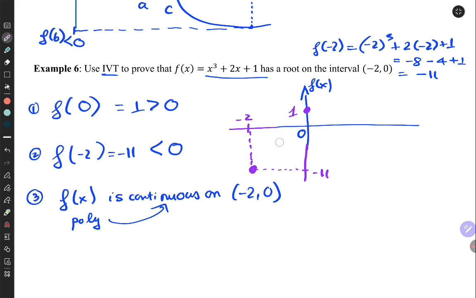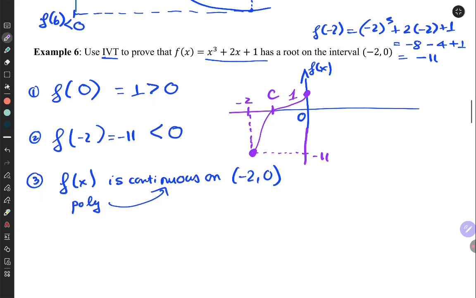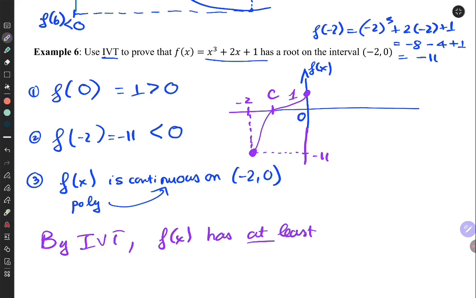You cannot escape the fact that you have to cross the x-axis at least once. So therefore, by IVT, f of x has at least one root in negative 2 and 0.